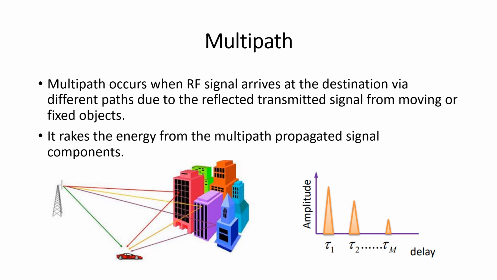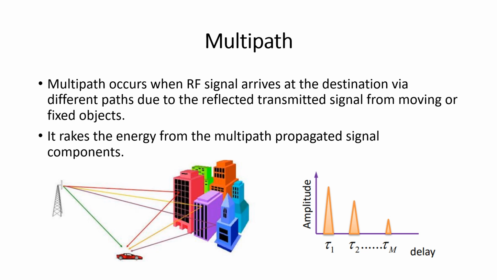If we closely observe this particular figure, it is reflecting the amount of amplitude or signal strength we are receiving at the receiver, and these are your tau 1, tau 2 and up to tau m. These are basically signifying various delays at which we are getting these multiple copies of the same signal.